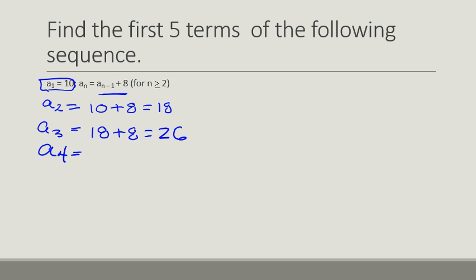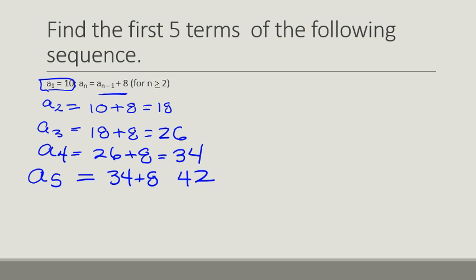A sub 4 is going to be 26 plus 8, or 34. A sub 5 is going to be 34 plus 8, or 42. And then we want the first 5 terms for n greater than 2, so we're going to go one more. A sub 6 is going to be 42 plus 8, or 50. So my terms are 18, 26, 34, 42, and 50.